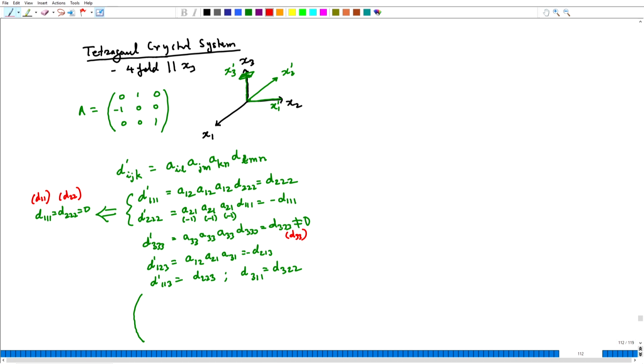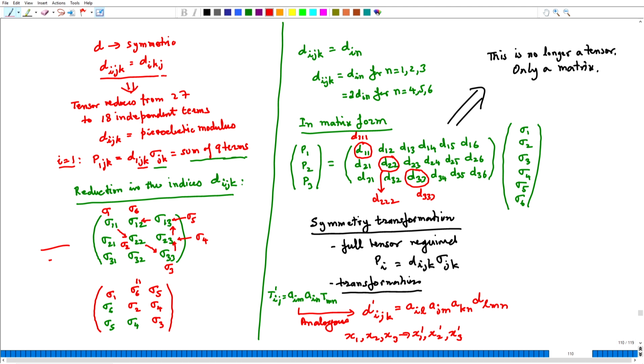Similarly, d123 is d14, this would be d15, and this minus d213 is going to be d25, and this is going to be d24. So, all you have to do is come to this and find out how the indices change.